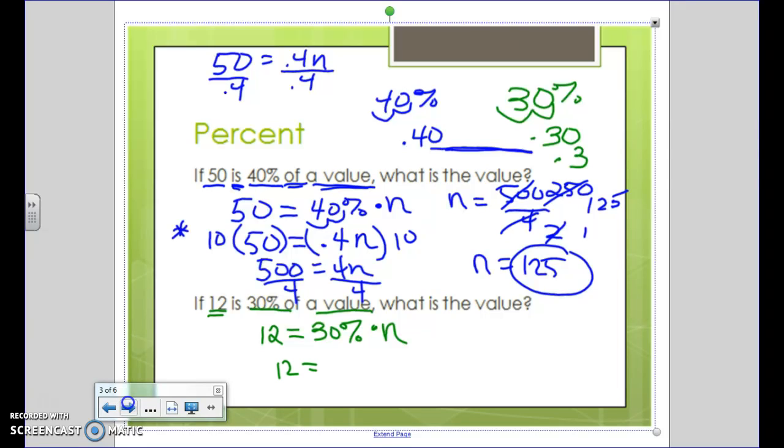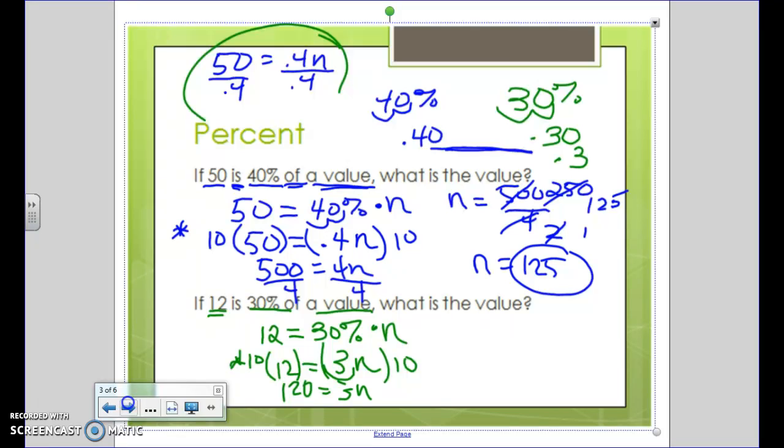So 12 equals 0.3n. And again, we could just divide both sides by 0.3 the old-fashioned way, but if we don't know how to divide decimals very well, that's going to be tricky. So let's use a different strategy. Let's multiply both sides of the equation by 10 to get rid of that decimal point. 120 equals 3n. And so if 3n equals 120, I now can divide by 3 on both sides. n must equal 40. So the number would be 40.